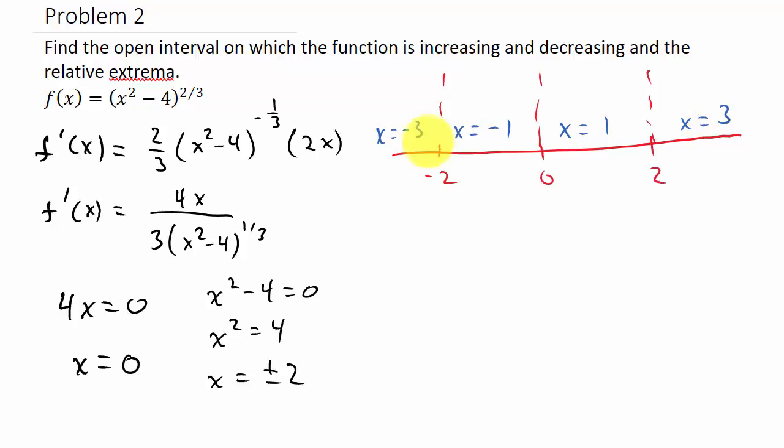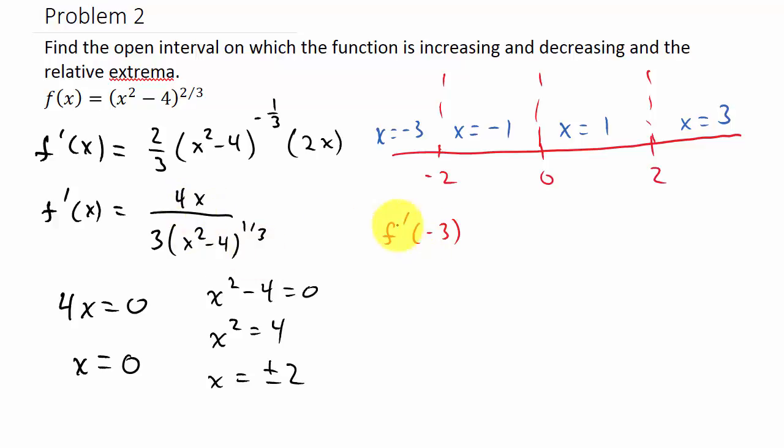Okay, so now I need to take each one of these numbers and plug them into the derivative. I'm going to plug them into this one. So if I take f prime of -3, I don't care what the exact number is. All I want to know is when I plug the -3 into the derivative, do I get a positive or negative answer?